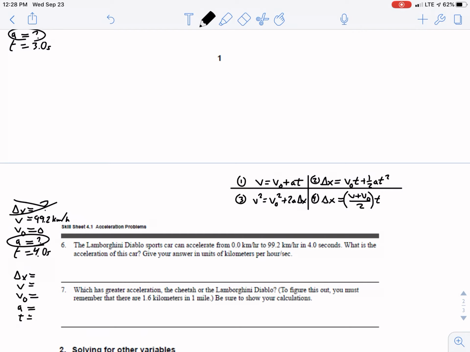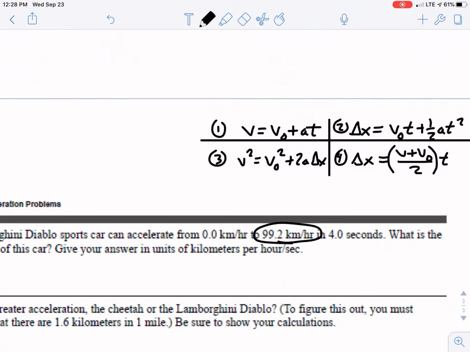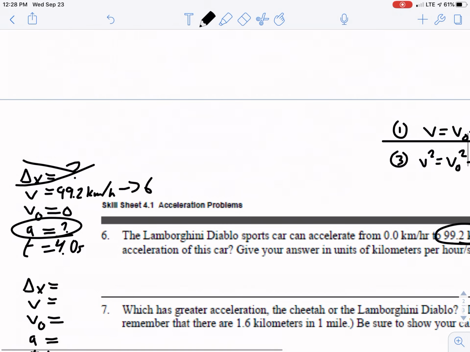Okay, and now I'm going to do a little conversion because I want the units of this to be the same units for the cheetah problem that we just did. So when I convert this, and I can look it up in the University of Google to check that out, it turns out that 99.2 kilometers per hour is the same as 61.6 miles per hour.